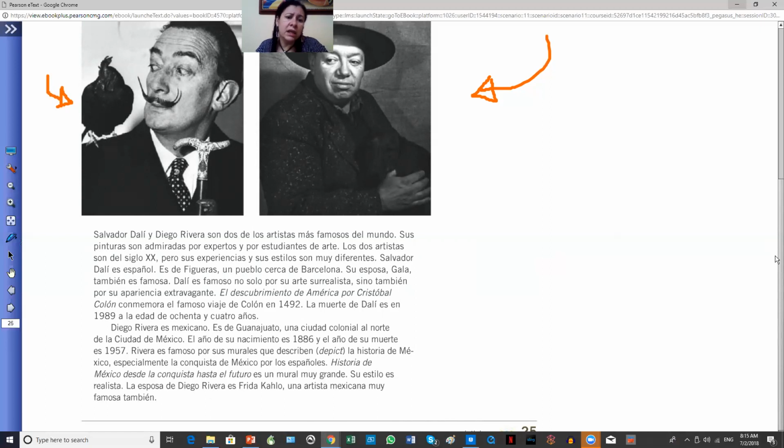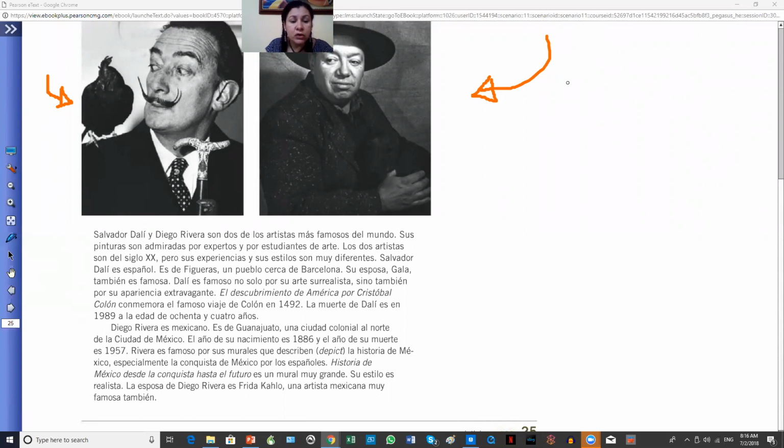Salvador Dalí y Diego Rivera son dos de los artistas más famosos del mundo. Sus pinturas son admiradas por expertos y por estudiantes de arte. Los dos artistas son del siglo XX, pero sus experiencias y sus estilos son muy diferentes.